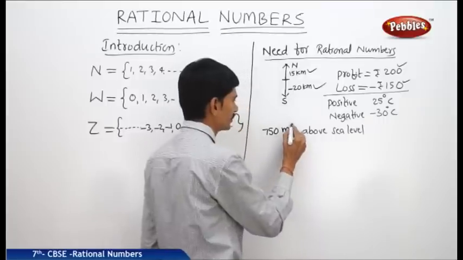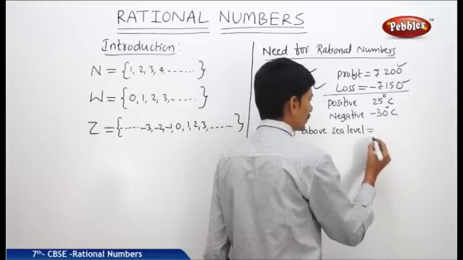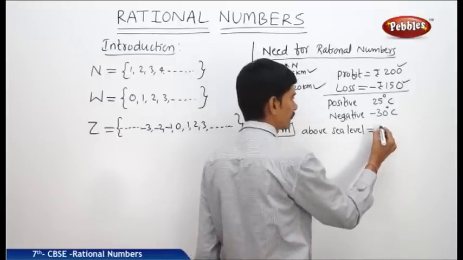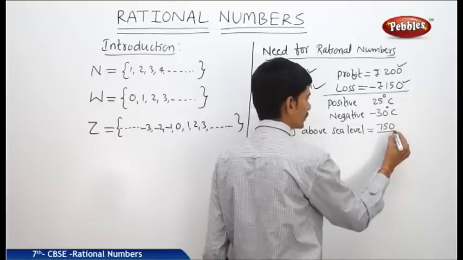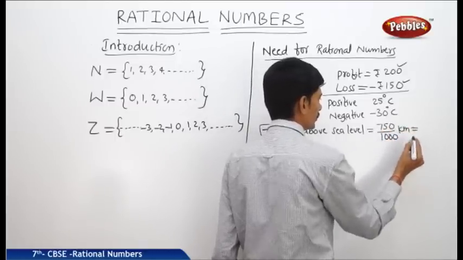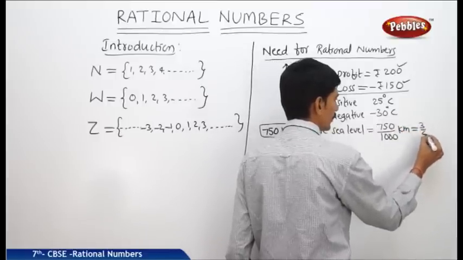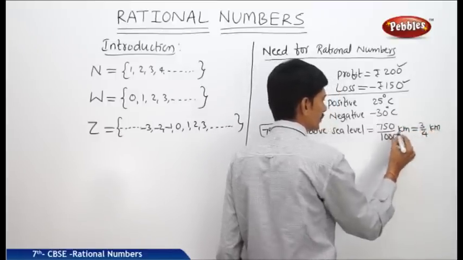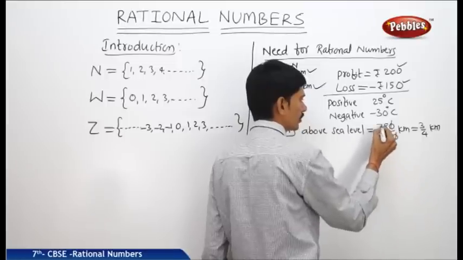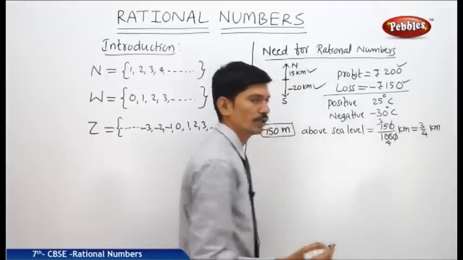If we convert this into kilometers, we get 750 by 1000 kilometers. If we cancel, we get 3 by 4 kilometers, because the zeros cancel, 25 3s are 75 and 25 4s are 100. So we get 3 by 4 kilometers.